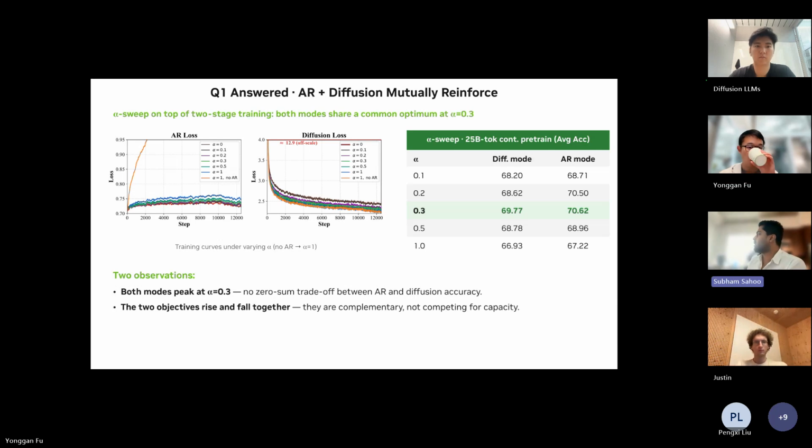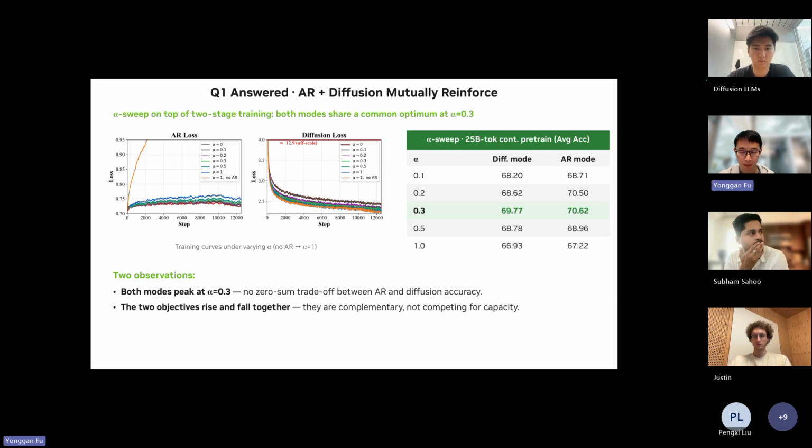And when you compare your method in terms of accuracy with respect to the AR model, it's with the Mistral checkpoint that was trained for 1 trillion tokens, is that correct? Yeah. And when you fine tune the diffusion model on extra data, is it from the same distribution, or do you use a different subset? The same distribution.